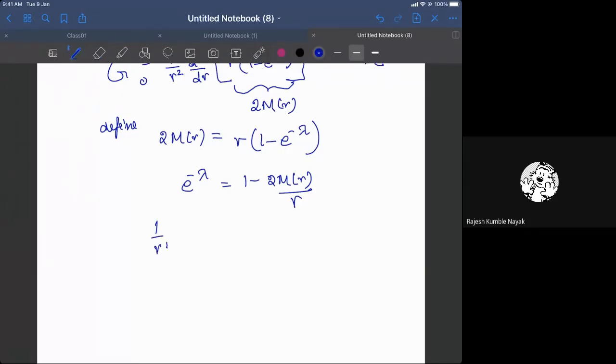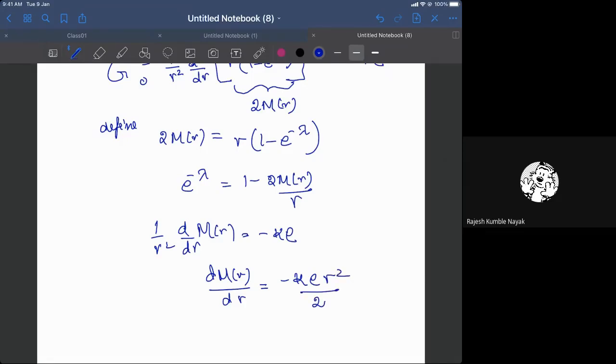So substituting this back into the Einstein's equation, what you get is simply 1 by r square d by dr of m of r is equal to minus kappa into rho, or you get dm by dr is equal to minus kappa rho r square by 2.